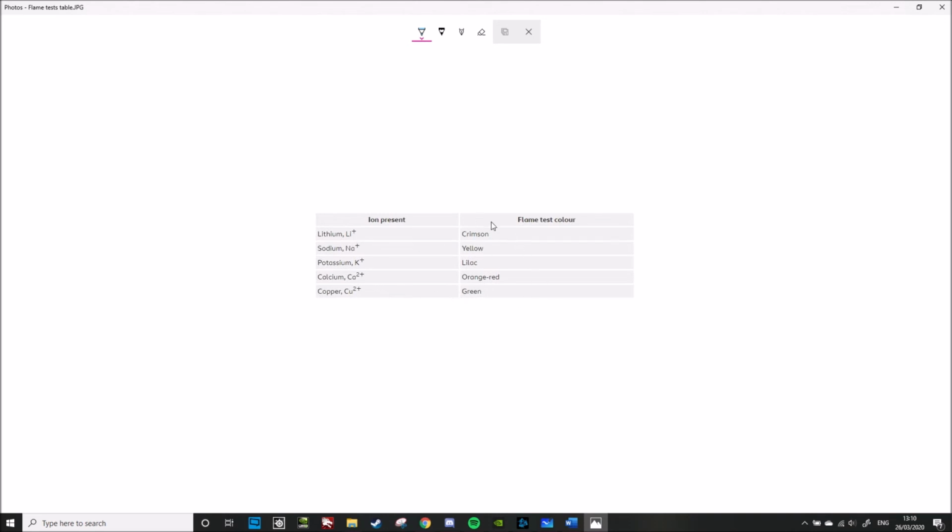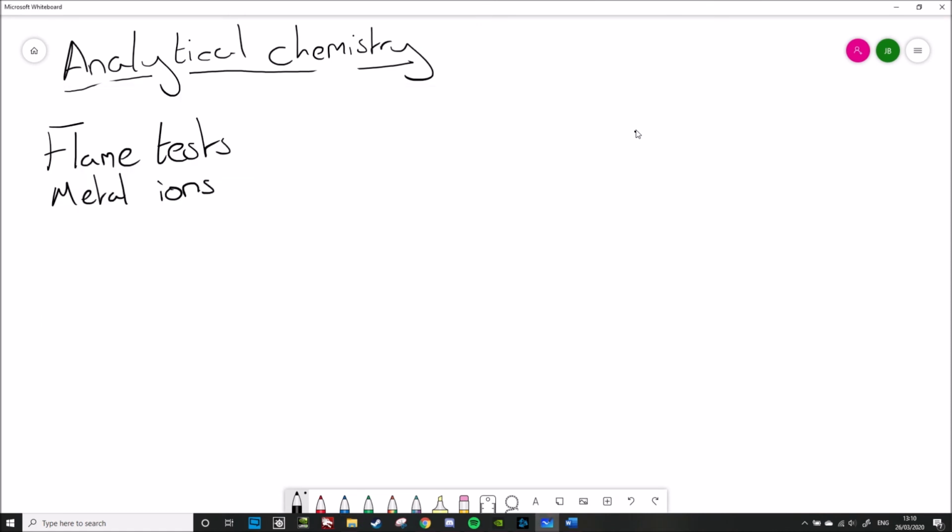So these ones you do need to know for your exams. So, again to repeat, you pass the dipping stick or the splint that's got a bit of the solution on through the flame, and you'll notice that the flame will change colour. And depending on the change of colour depends on the ion present. So that's the flame tests.